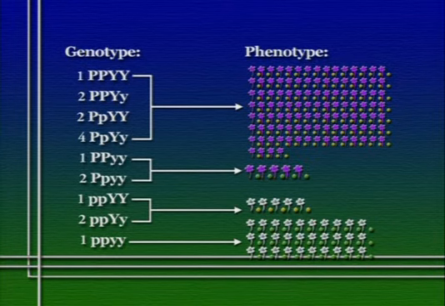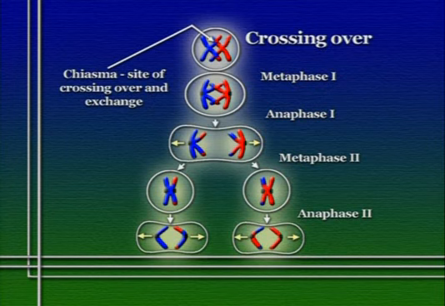What's going on here? Well, it turns out that what's going on comes from understanding crossing over during meiosis. When homologous pairs exchange genetic information, they create recombinant gametes that produce recombinant phenotypes in an F2 generation.